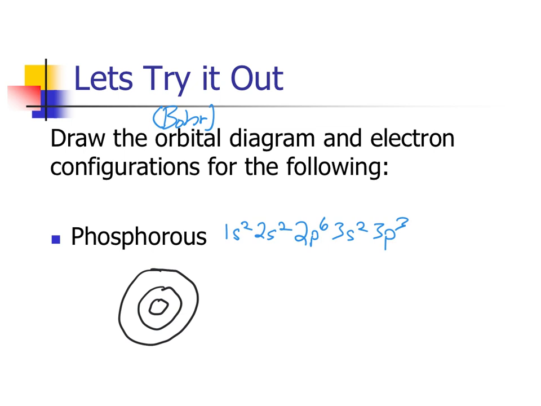There's a couple ways that make your life a little easier, whatever way you want. I can see from my electron configuration, how many dots should I have on my first circle, the circle inside, because that would be the ground state, the lowest energy? 2. I should have 2.